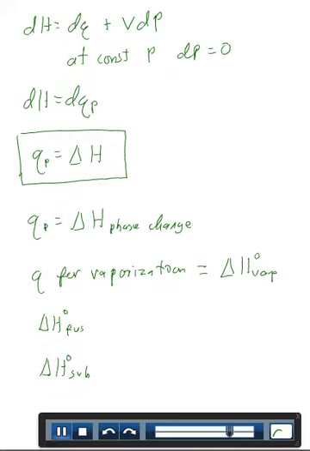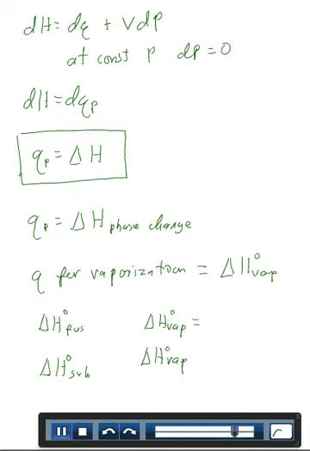So now let's look at an example. We have from the table the enthalpy of vaporization for water. And we can find two values.